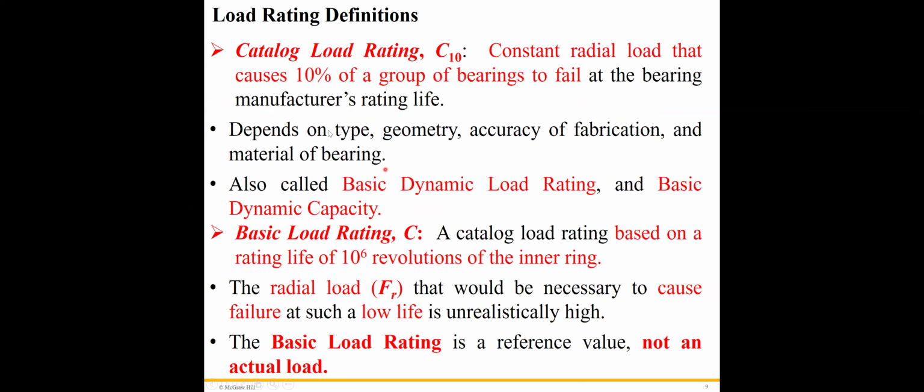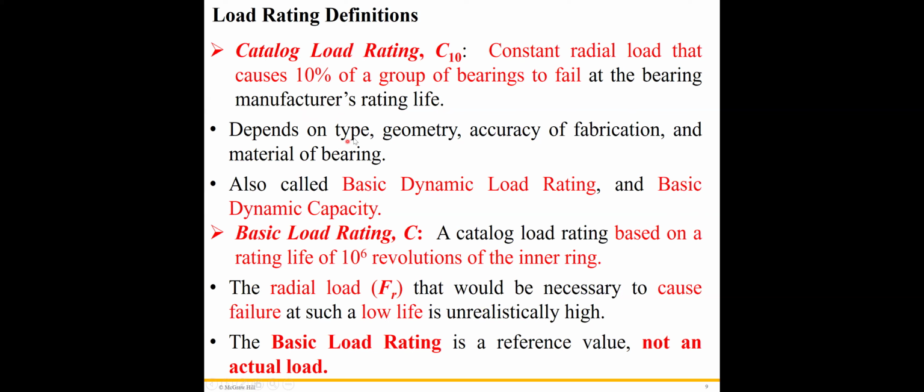So there are some definitions. Here the catalog load rating C10 is a constant radial load that causes 10% of the group of bearings to fail at a bearing manufacturer's rating life. The manufacturer will provide the C10 for the bearing that you require.